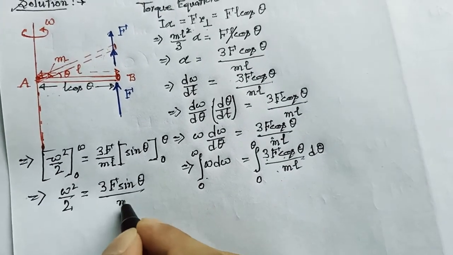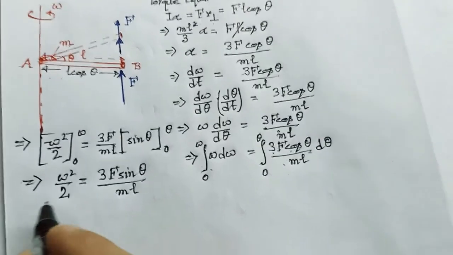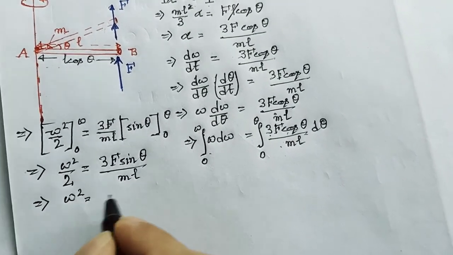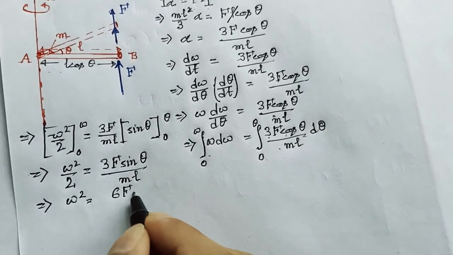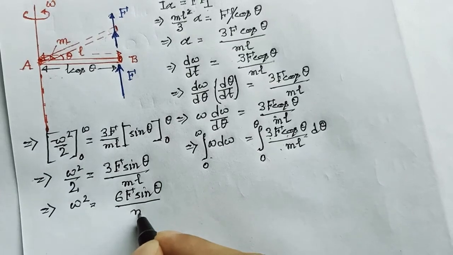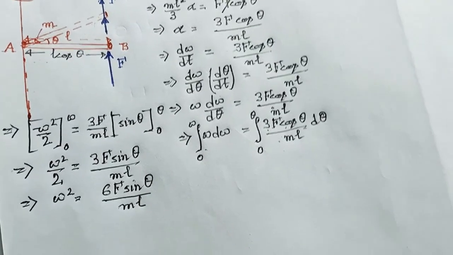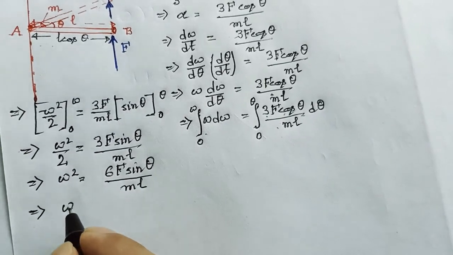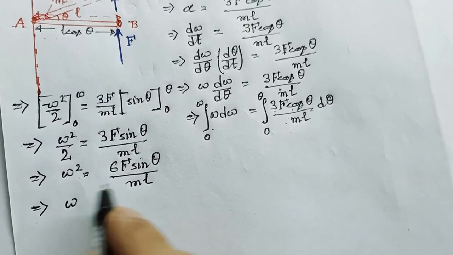Now we can further cross multiply this term, so omega squared will be equal to 6F sin theta divided by mL. If we want to find the angular velocity, then we have to take the square root on both sides.